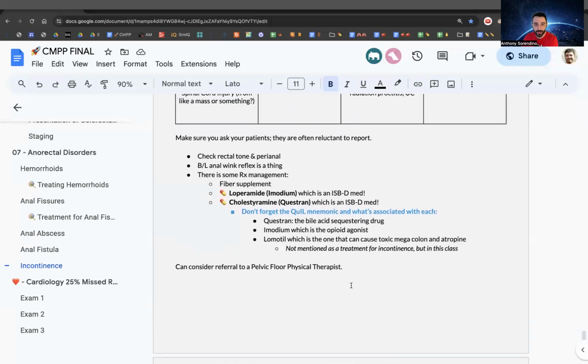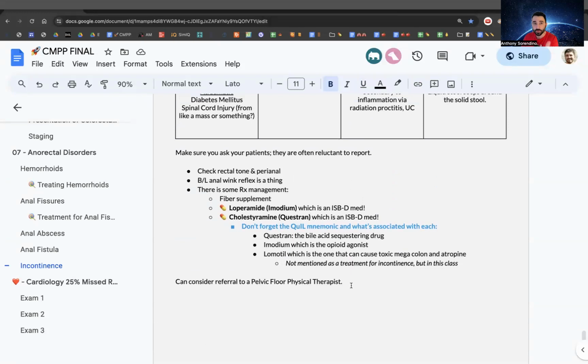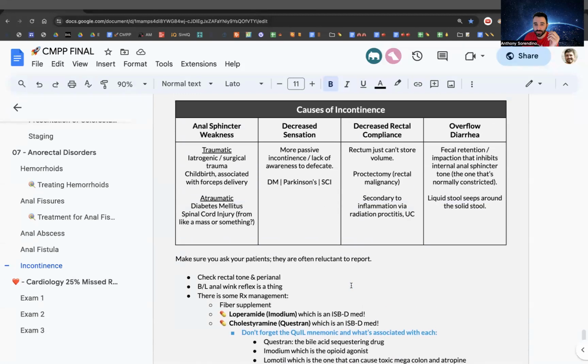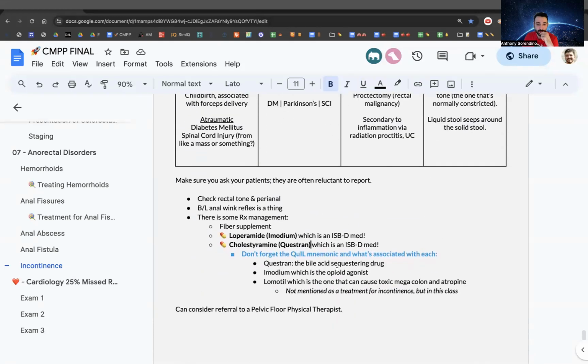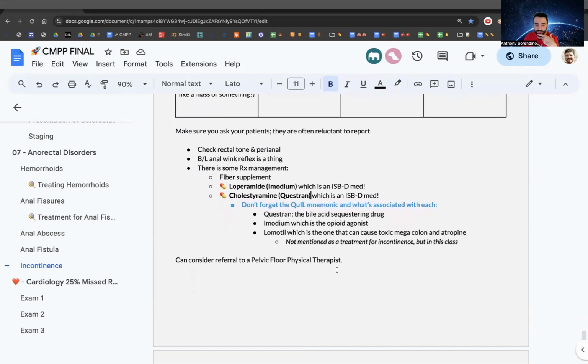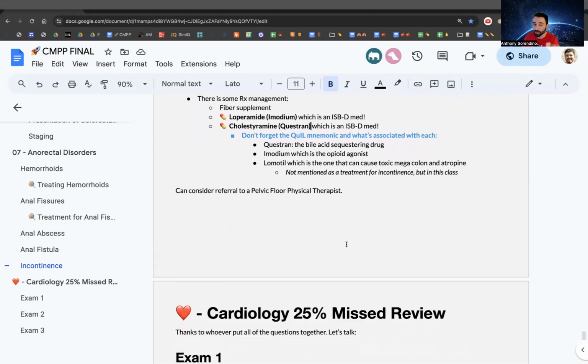Incontinence, right? Yeah, okay. So that makes sense. If we're using it for diarrhea, we kind of want to give more bulk to things, give things more transit, especially if we're fixing this overflow diarrhea, kind of reversing that makes sense. And then we can consider a referral to something special called a pelvic floor physical therapist.